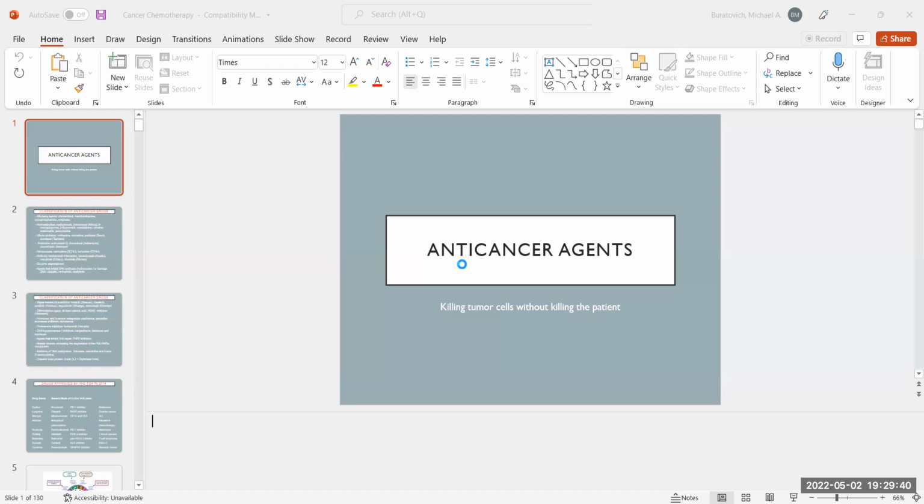So this essentially gives you the mechanism of action we just talked about. The upshot is that you cross-link DNA. That's a piece I want you to see. So cyclophosphamide. There it is.